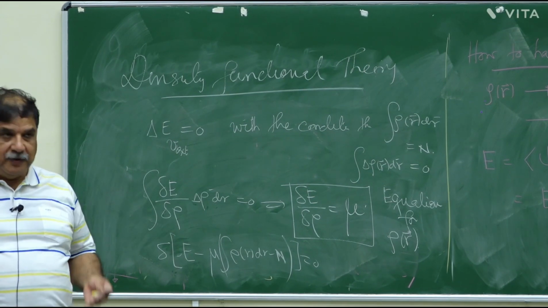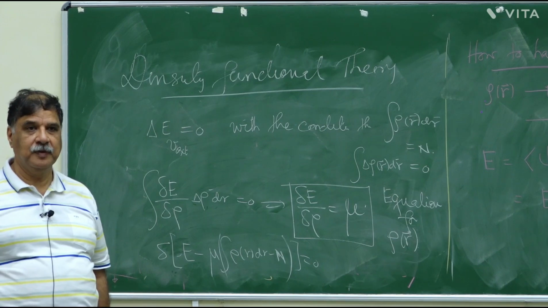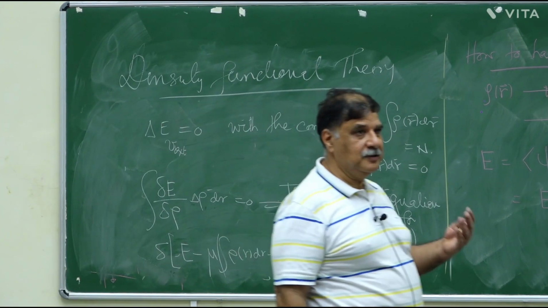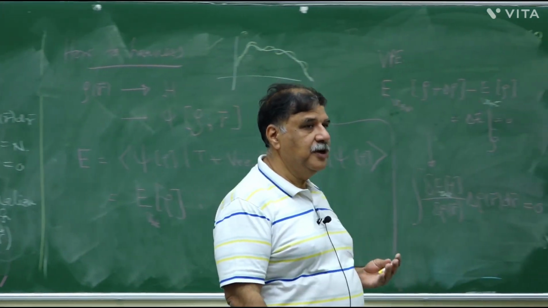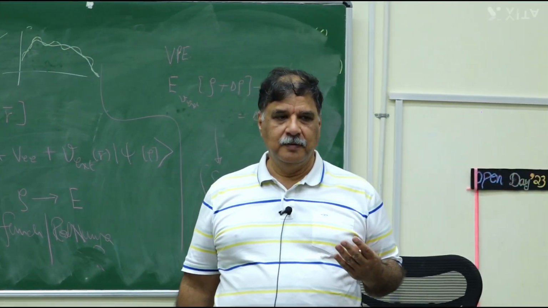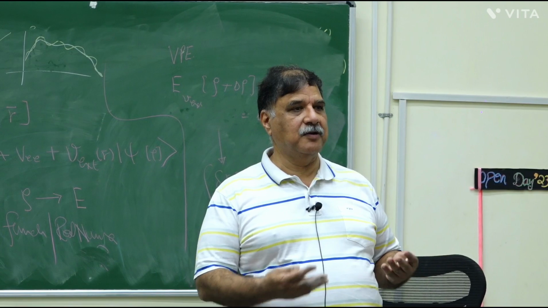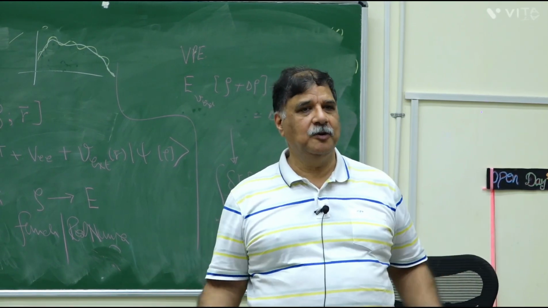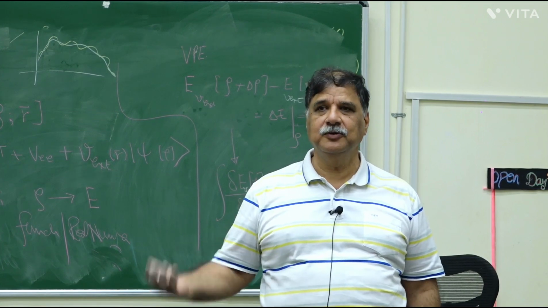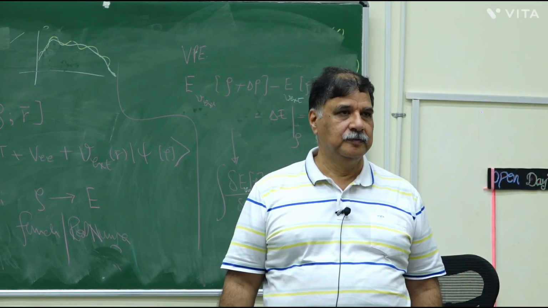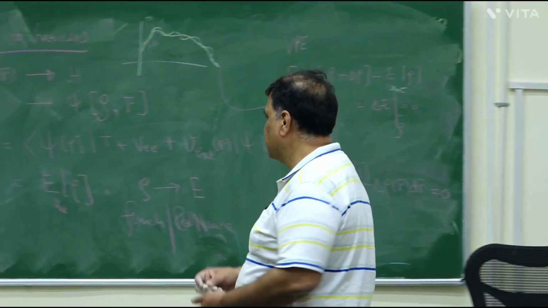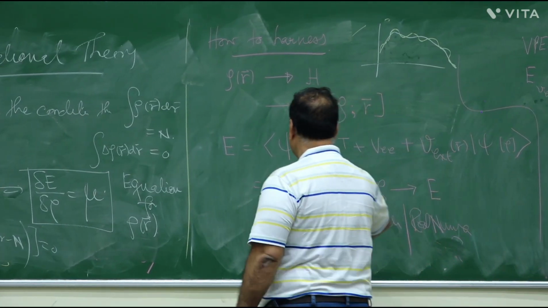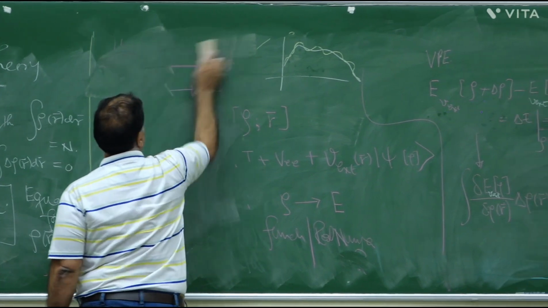We have to find out how to map this if I want to do anything meaningful, or how to express quantities of interest in terms of the density. If I can calculate the density and I can calculate the quantities of interest in terms of density rather than the wave function, my job is done. Right? Finally, I am interested in those observables.